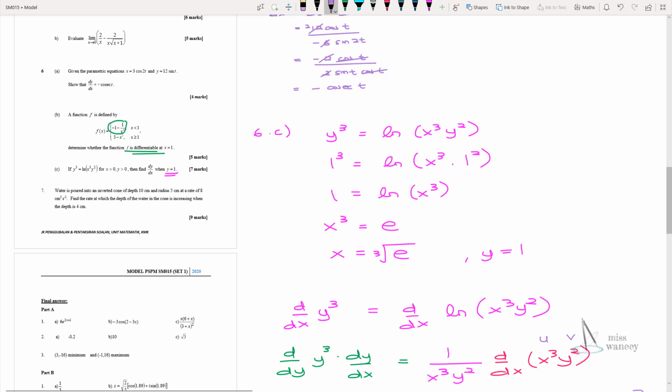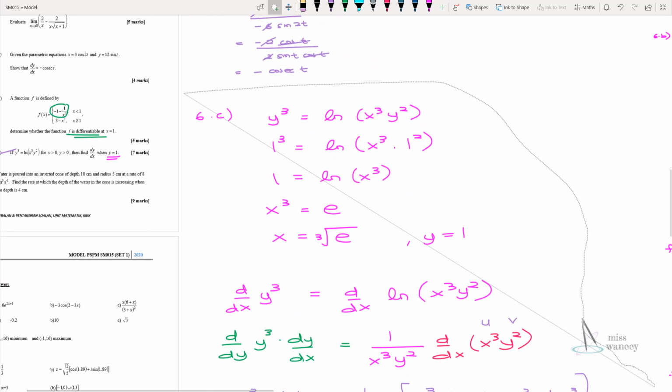Okay, so I have done number 6b as well. 6c, sorry. 6c. So let us proceed with the last question, which is question number 7. So let me simplify a bit first.